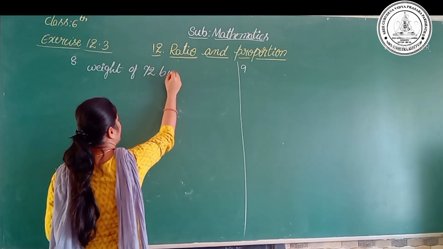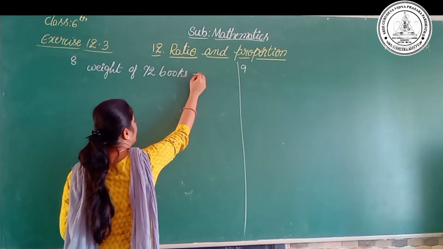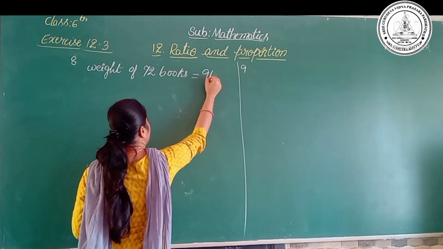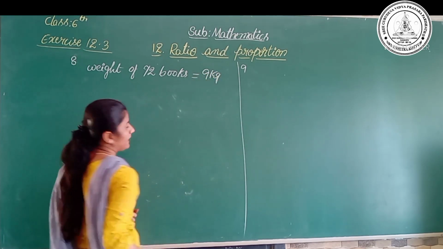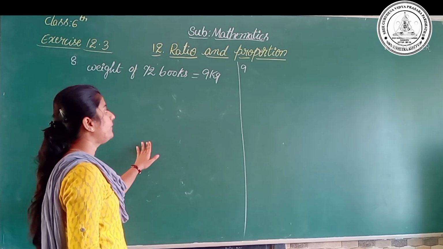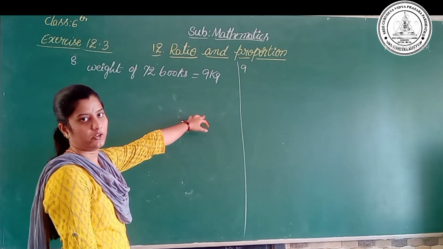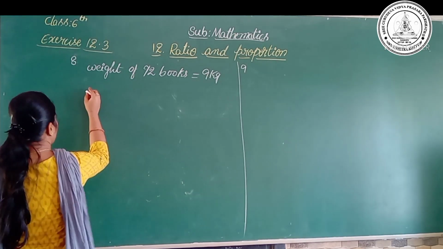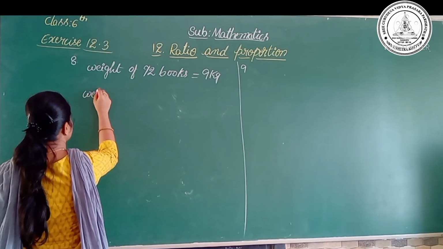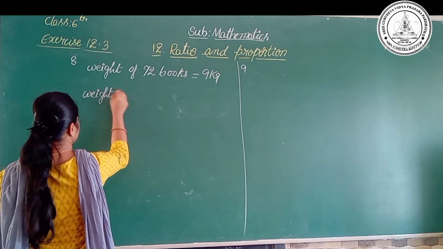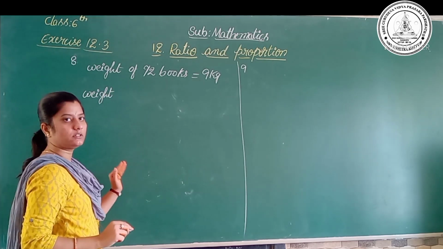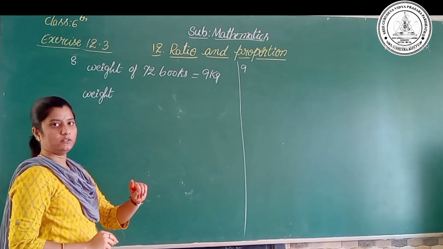Write down here, weight of 72 books is equal to 9 kg, and we have to find out the weight of 40 such books. You can also find out the weight of one book.